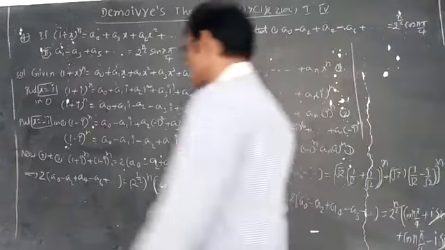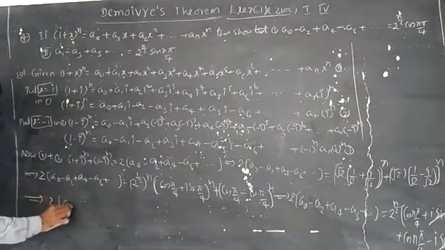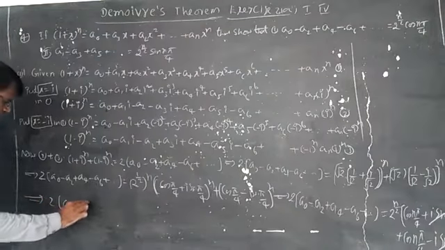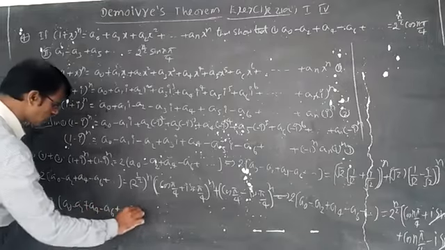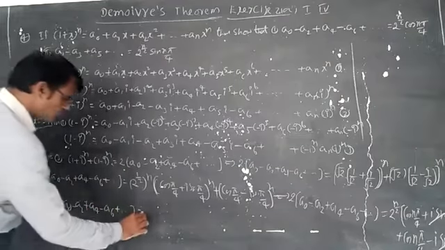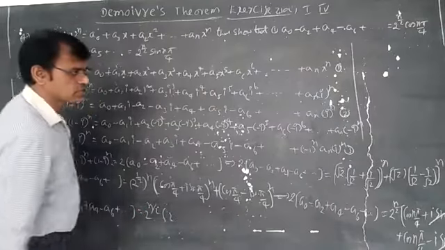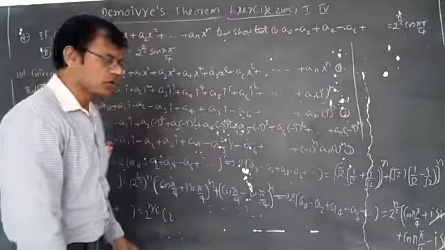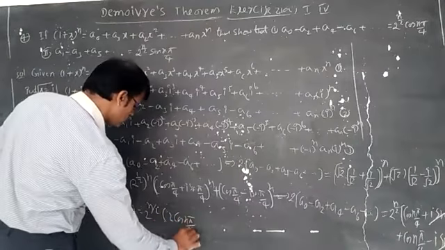So here you can write 2 into (a0 minus a2 plus a4 minus a6 plus so on) is equal to 2 power n by 2 into, that i sin n pi by 4 got cancelled, so we got 2 cos n pi by 4.